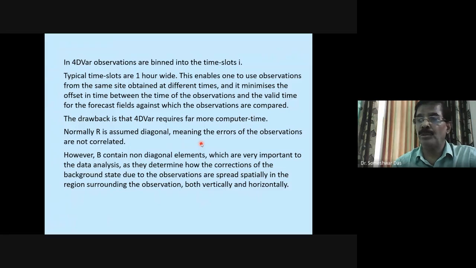And also, you are taking into account the impact of one observation and many observations on the analysis at different grid points. As I mentioned yesterday, even observations at faraway locations matter.